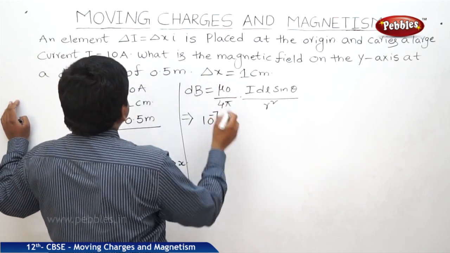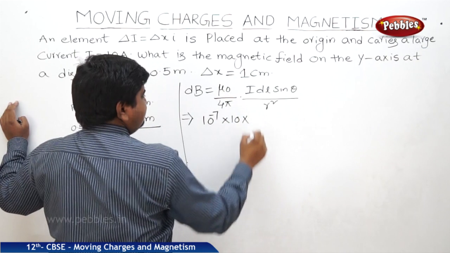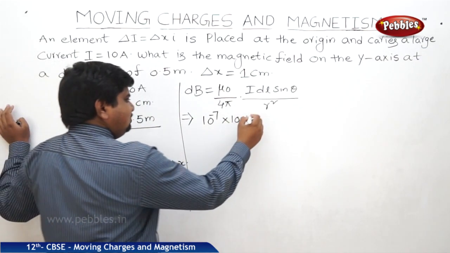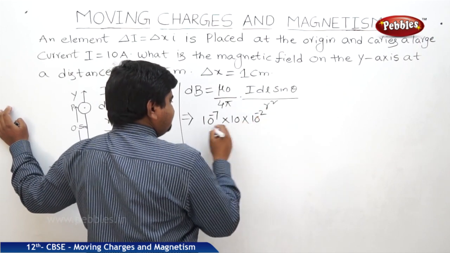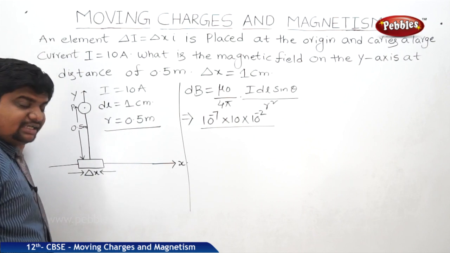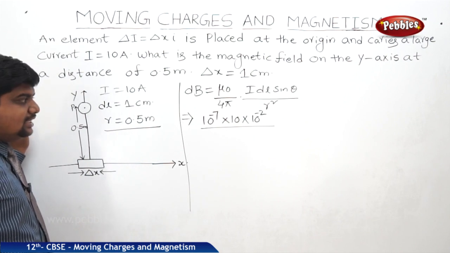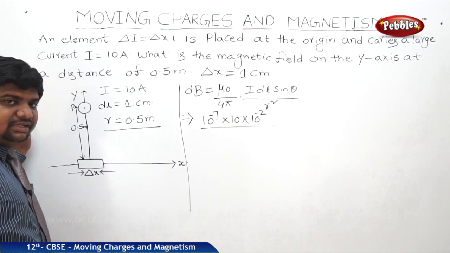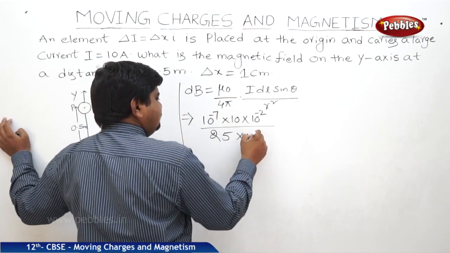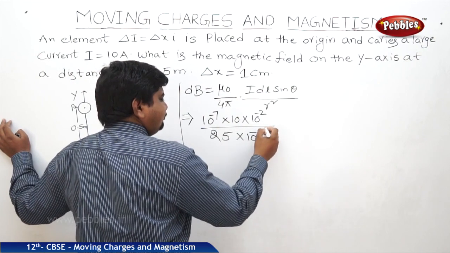Where I is equal to the current, 10 amperes. Where dl is equal to dx, 1 centimeter, which is nothing but 10 power minus 2 meters, by r is 0.5 meters. r square means 5 by 10 into 5 by 10, 25 by 100, that is nothing but 25 into 10 power minus 2.